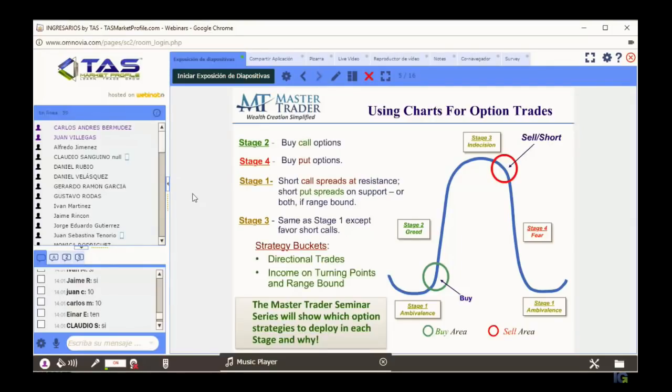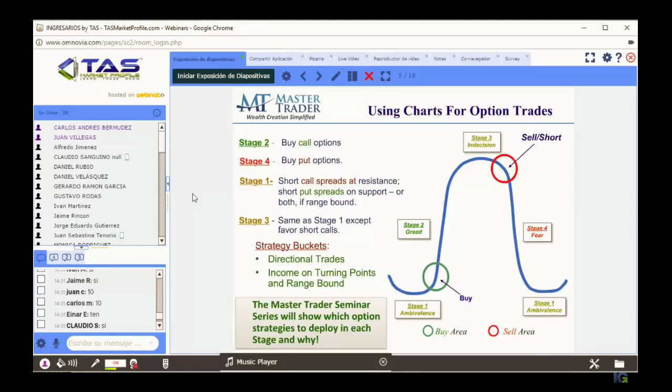There you go. This is what we describe as a bell curve, which shows how stocks can move on different time frames. Stage 1, stage 2, stage 3, stage 4 encompasses all of the uptrends, downtrends, and sideways trends that stocks can make.